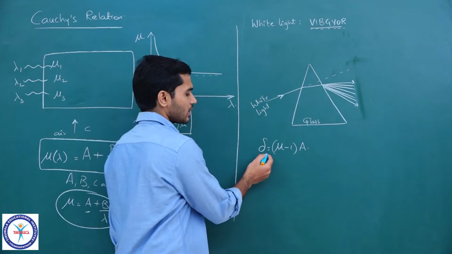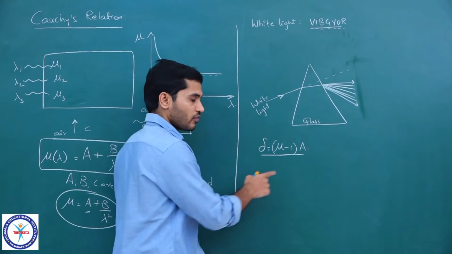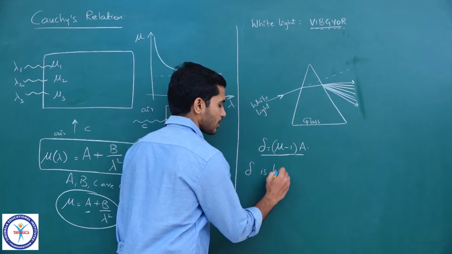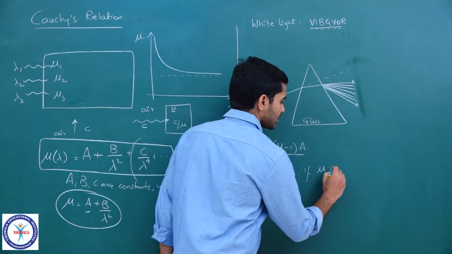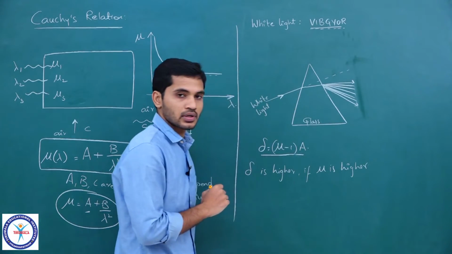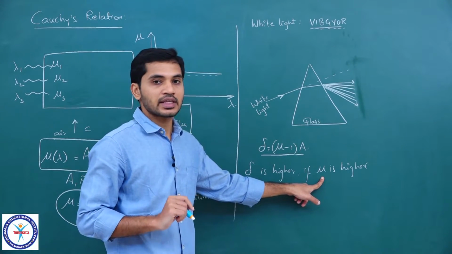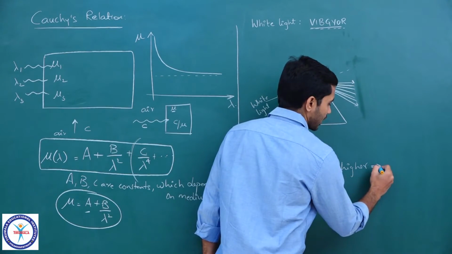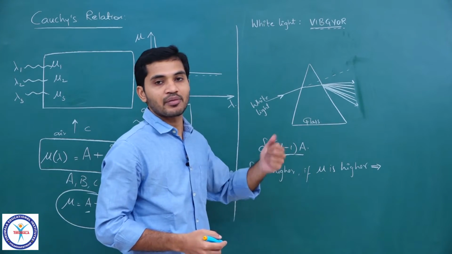So if I use the formula which I know for a thin prism, (mu minus 1) into A, from this I can understand that delta is higher if mu is higher. Now we already know that for mu to be higher, wavelength has to be lower. So if mu is higher, which implies from Cauchy's relation, when will mu be higher? When lambda is lower.